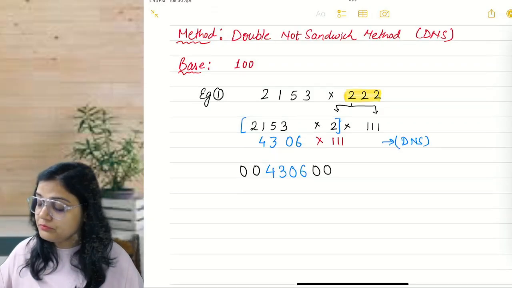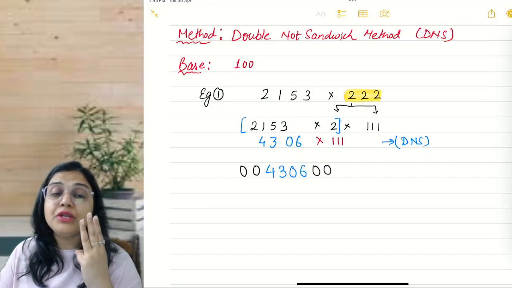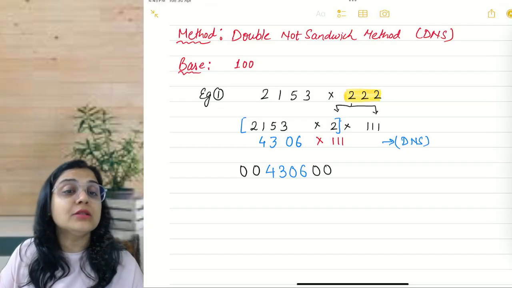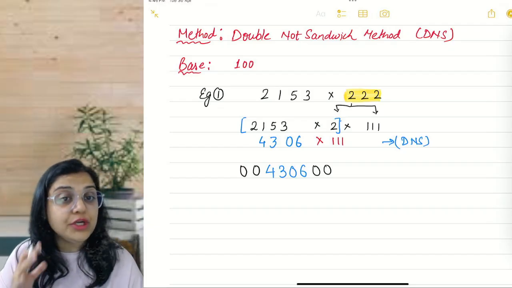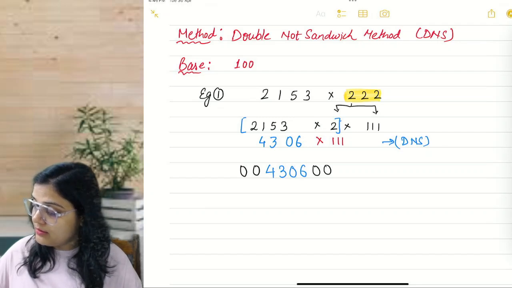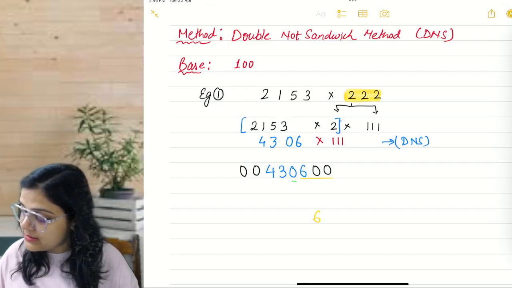So how we are going to do it now, since triple 1 has 3 places, ones, tens, hundreds, we are going to add 3 places at a time, 3 digits at a time. So I will add these 3 digits. The sum is 6. Then I will add the next 3 digits. The sum is 6 again.